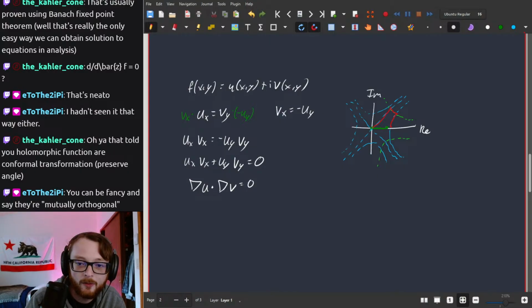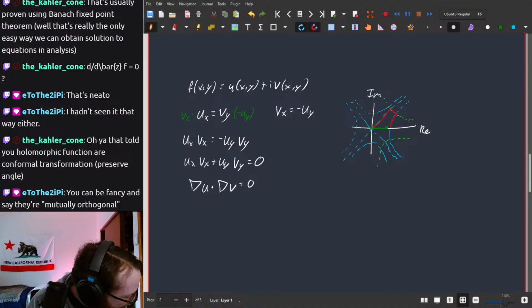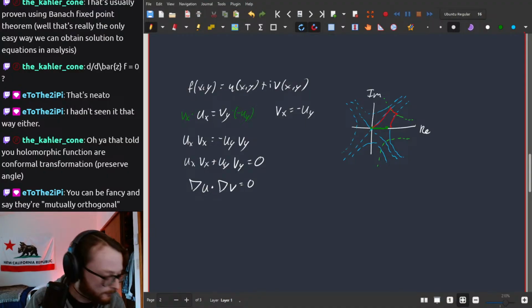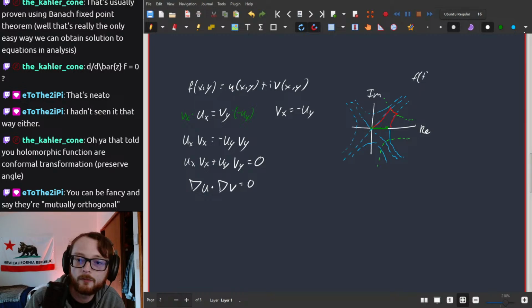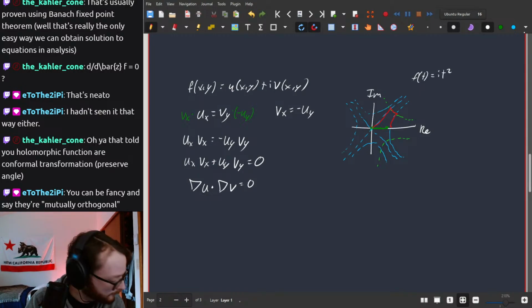I'm doing a bad job of explaining this, but these are level curves. We're looking at it for f of t equals i t squared, where t is a complex number. And so you get these hyperbolas for level curves.